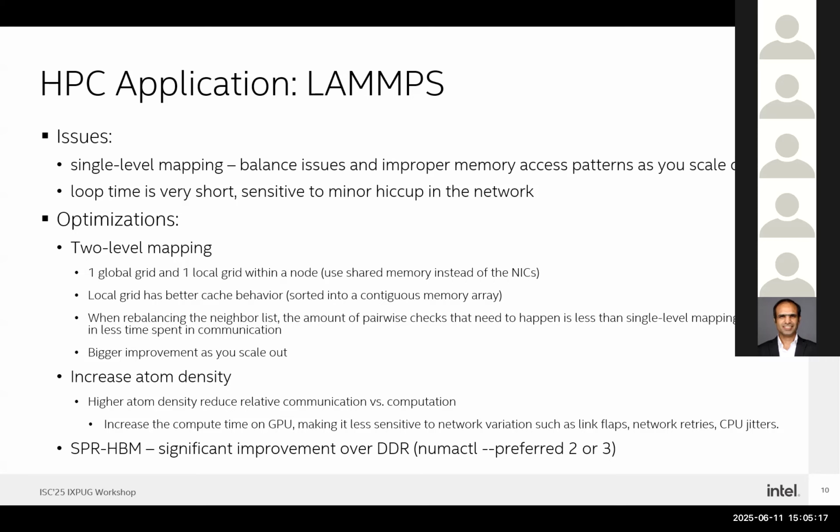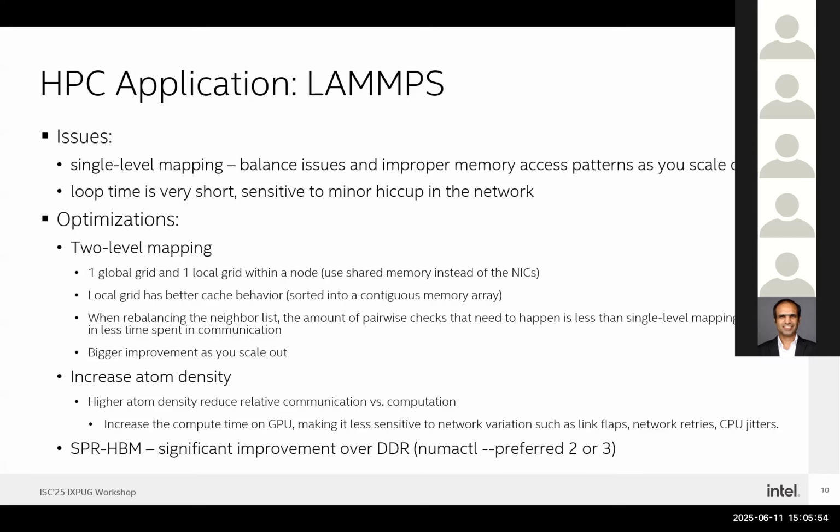And so when you run with 512 nodes, it's not so bad, right? But when you run at scale at 10,000 nodes, if there's any hiccup in traffic in the network, let's say there's a timeout or some delay, then the main loop, because the time is so short, is sensitive to any variation in the network traffic, and so it doesn't scale well at 10,000 nodes when the main loop time is very small.